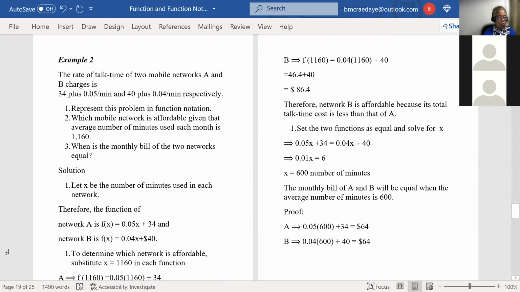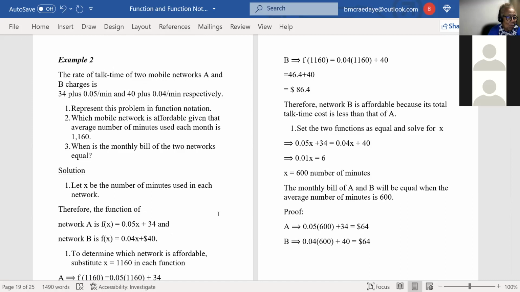So network A, the function of X, the number of minutes: the 0.05 is per minute, so that would be times the number of minutes plus 34. For network B, it's $40, that's a constant, plus 4 cents per minute. So 4 cents times X plus 40. All right, so those are the functions for the two networks.